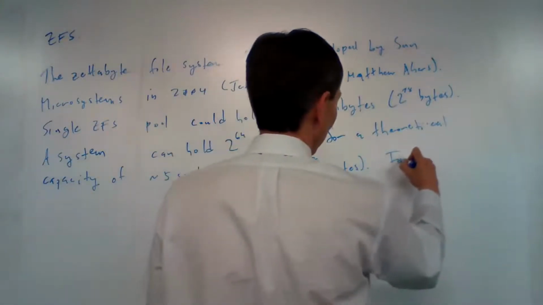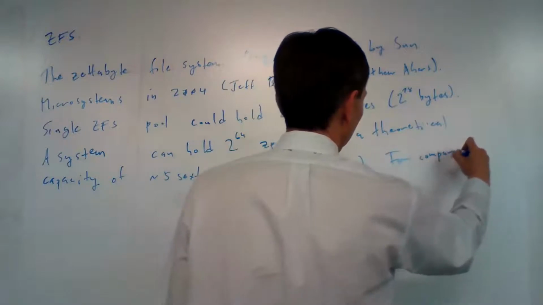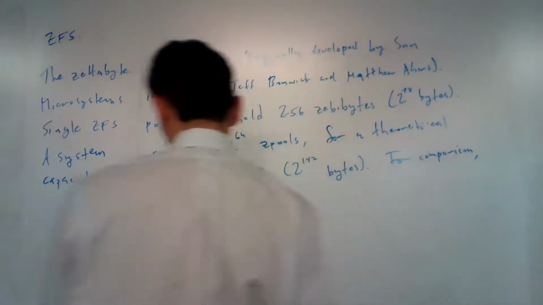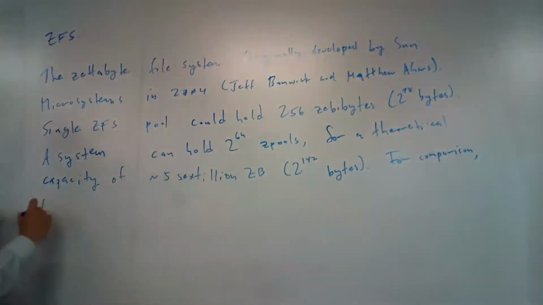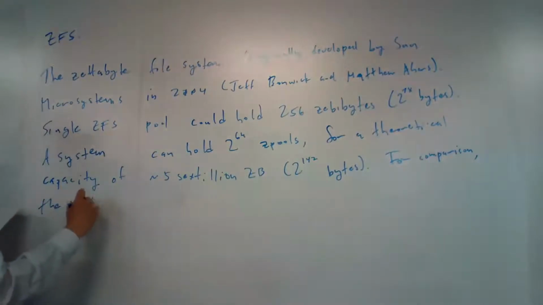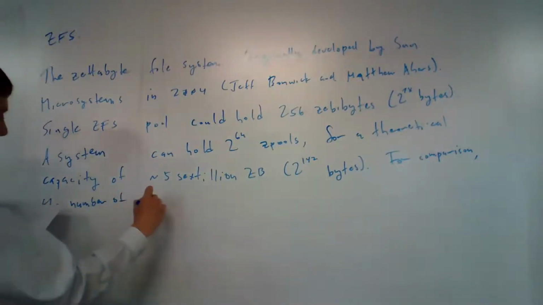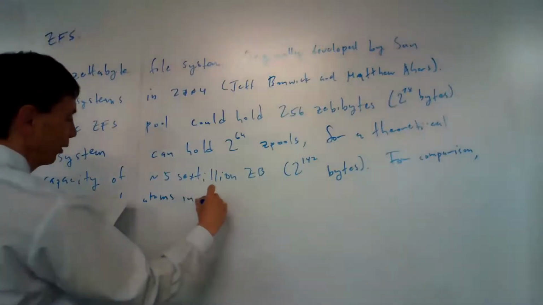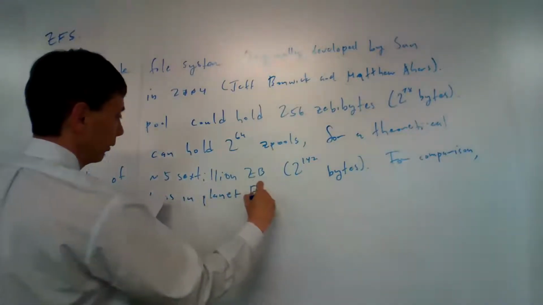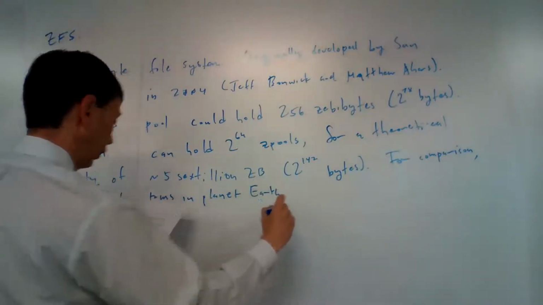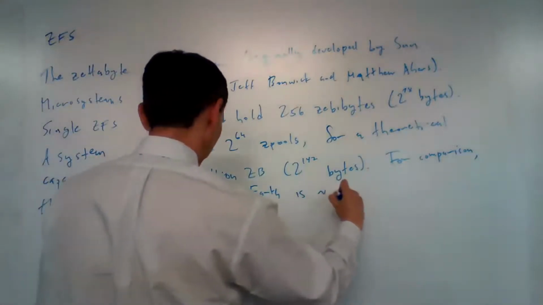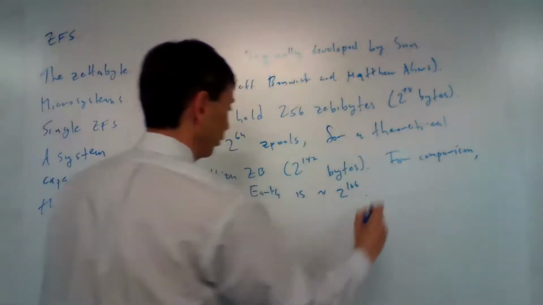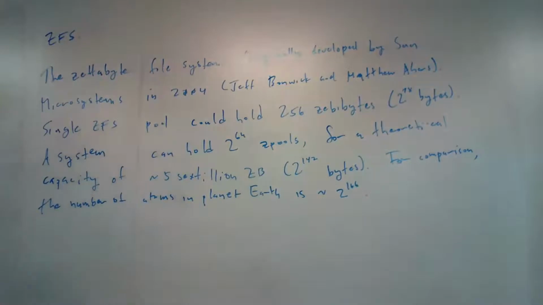So for comparison, the number of atoms in the planet Earth is estimated to be approximately 2 to the 166. So it's not as many atoms as there are on planet Earth, but it's around that.